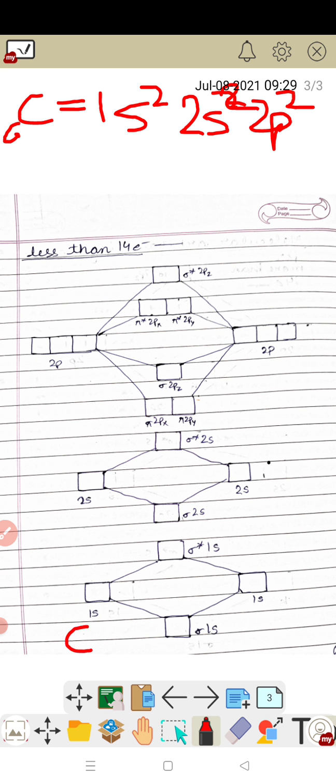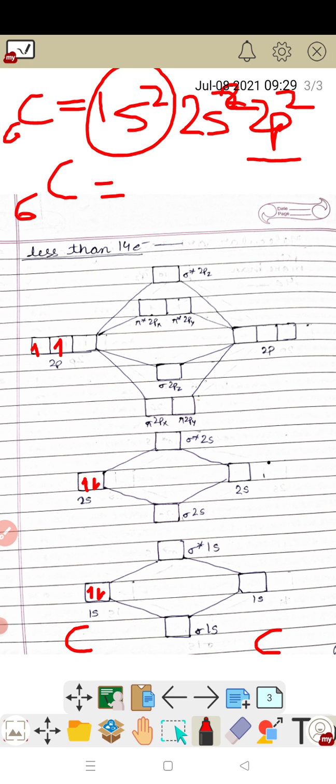Here is one carbon and here is the second carbon. How many electrons in 1s? 2 electrons, that is 1 and 2. 2s has already 2 electrons, 1, 2, and 2p is also 2 electrons, that is 1 and 2. Similarly, the second carbon has 1s2, 2s2 and 2p2.